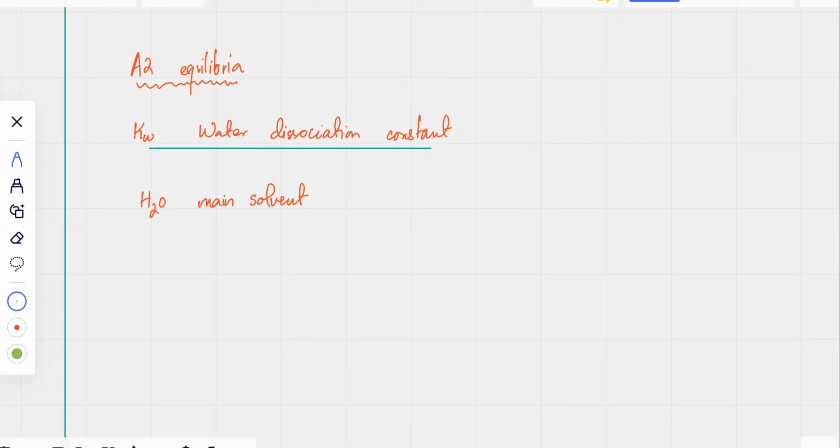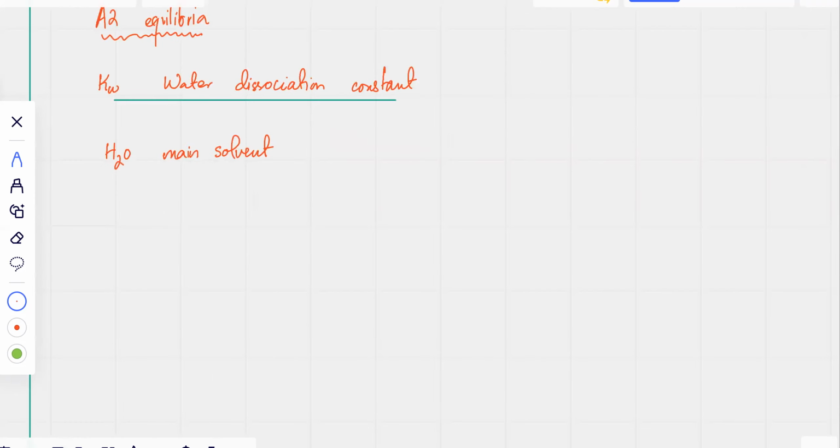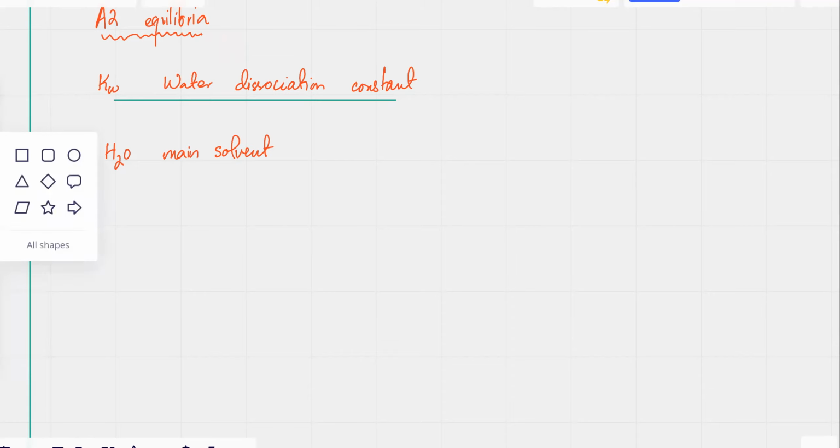Not only is it the main solvent, it's a reactive substance as well. So it's also taking part in the reactions, not just acting as a solvent but also as a reactant.